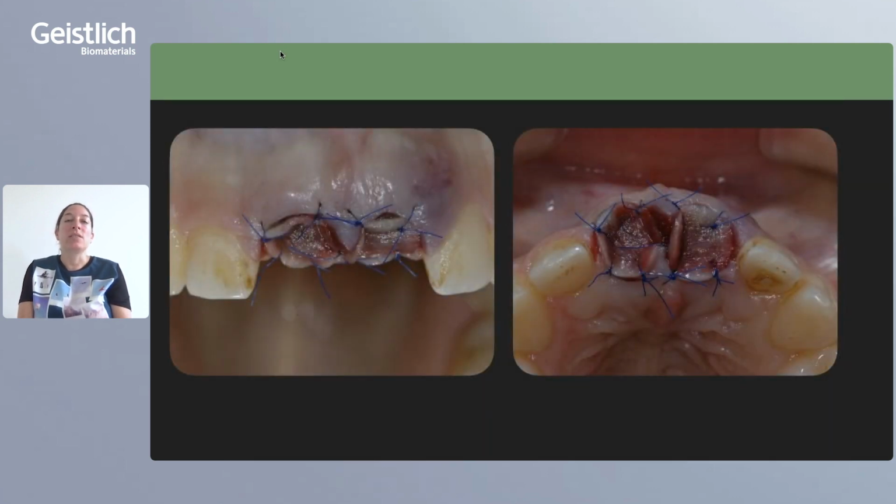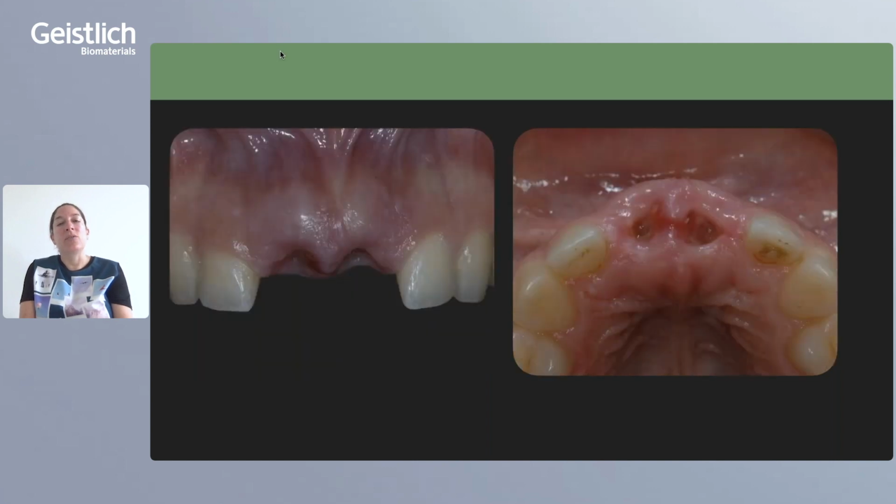Later on, a soft tissue substitute material was sutured in order to cover the sockets and then left for healing. And in the beginning the healing didn't look so nice, although the patient had been given antibiotics and she had to rinse with a chlorhexidine mouth rinse in order to keep the site as clean as possible.